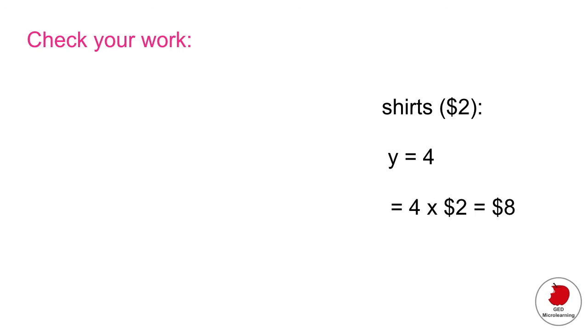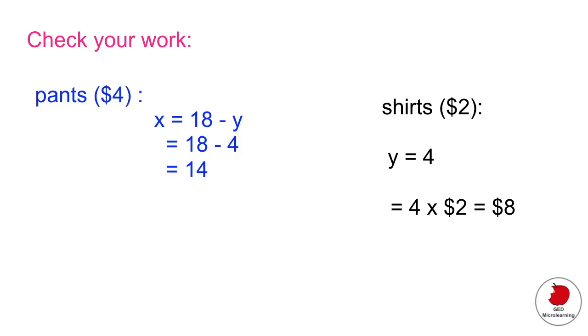Okay, so you could go ahead and check your work. So we said shirts were priced at $2, and she bought 4 of them. So if we multiply that number of shirts times the price, that gives us $8. And then for pants, which represented the X value, we said that X is equal to 18 minus Y. We said Y was 4, so X is going to be 18 minus 4, which is equal to 14.